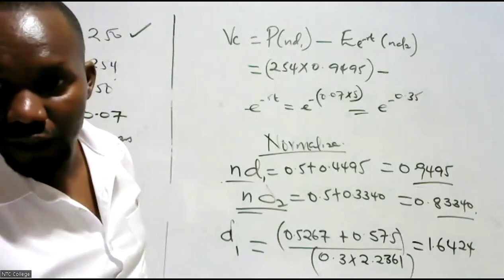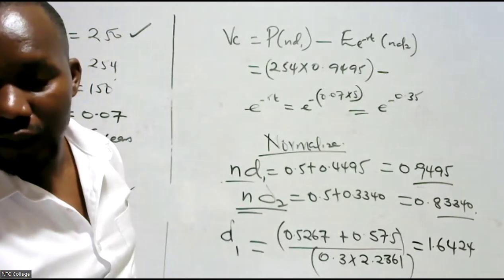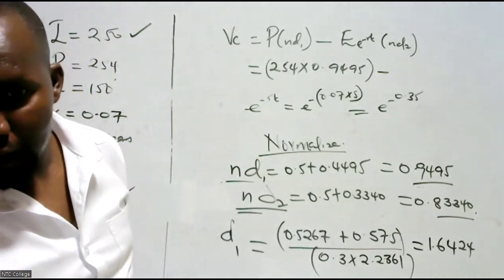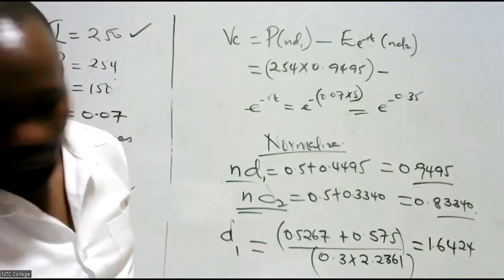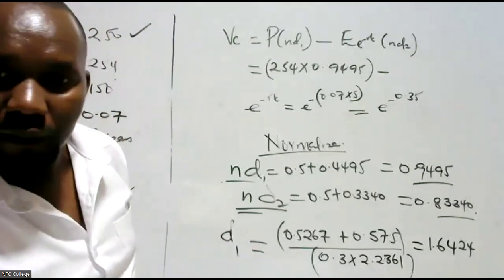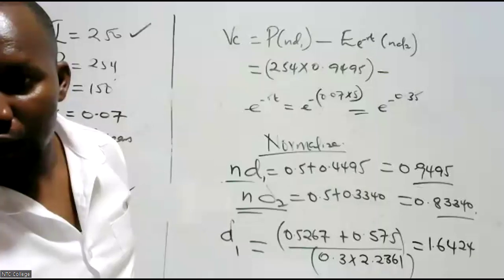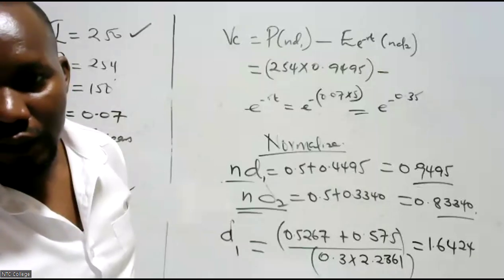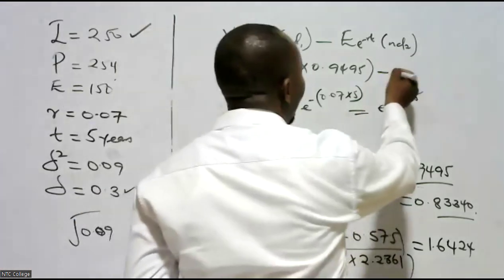Oh, 0.97. What figure does 0.97 come with? Zero point nine seven, so 0.8340. So we are okay. So that's okay.